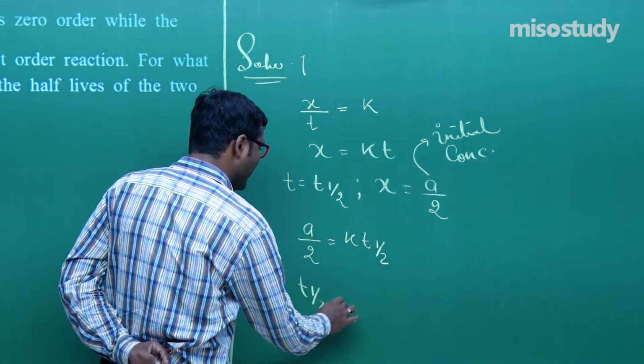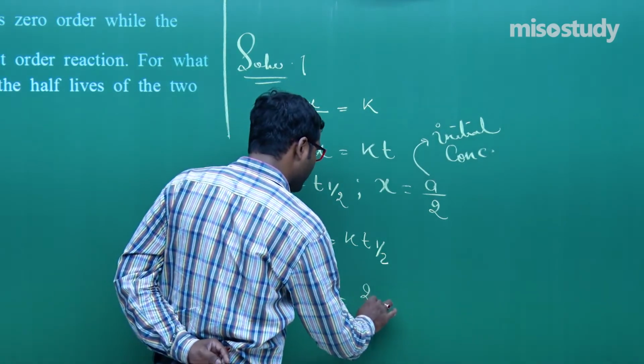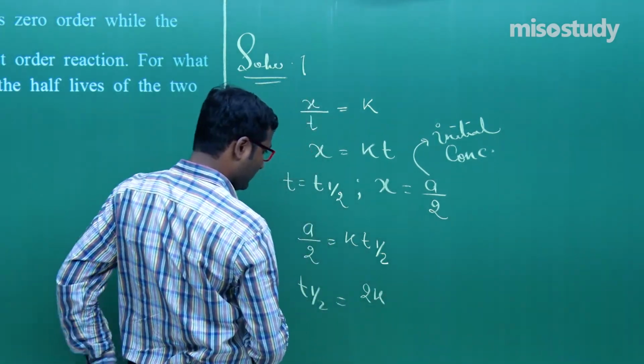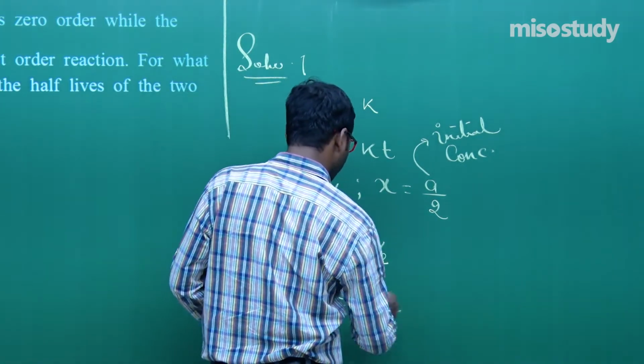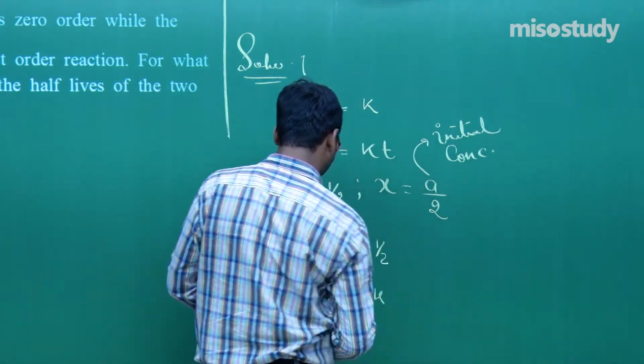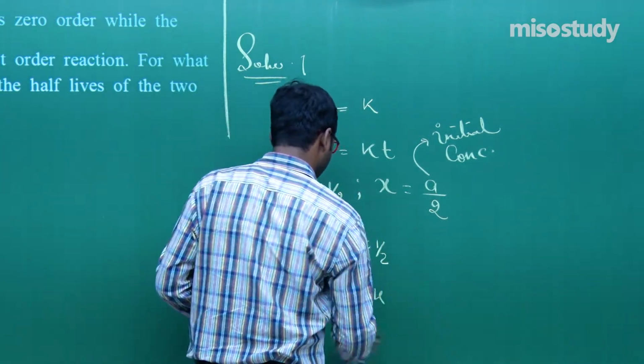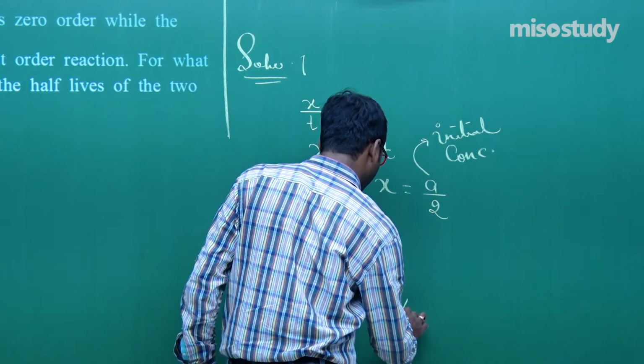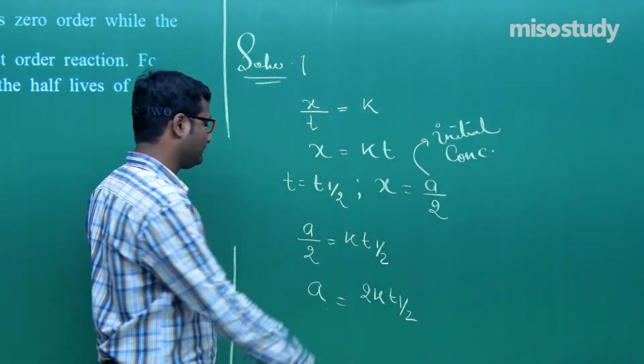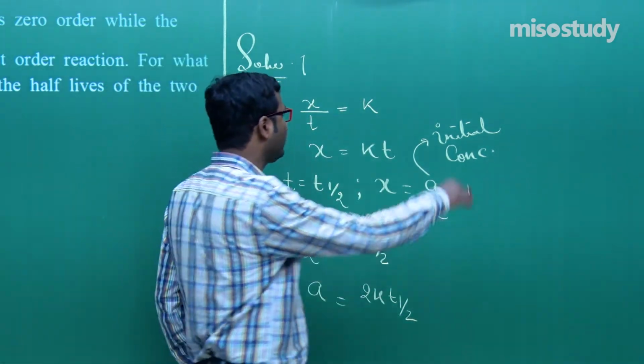Now what will happen? Check it out. That is 2k t half is equal to a. This is the equation.